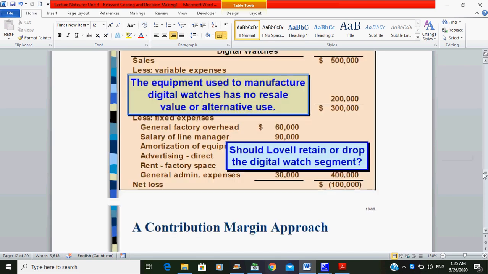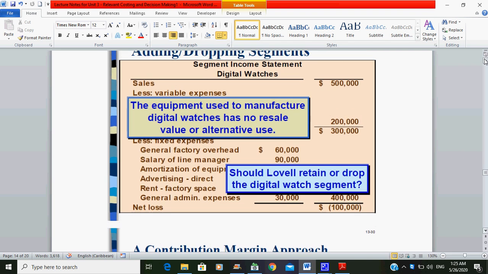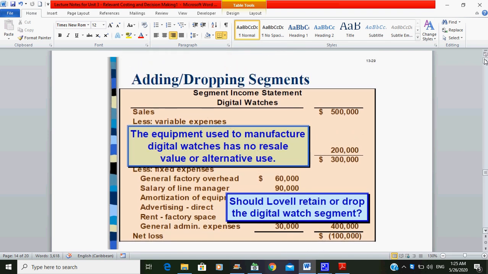The equipment used to manufacture digital watches has no resale value or alternative use. So since that is the case, the question is, should Lovell retain or drop the digital watch segment?